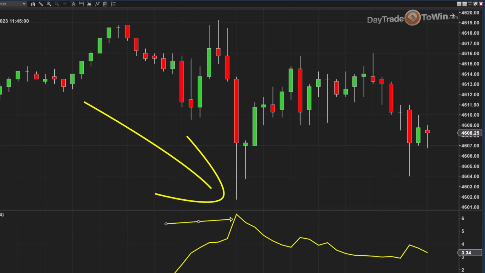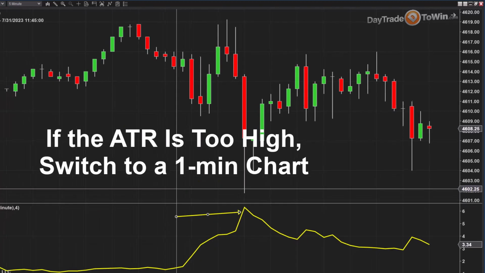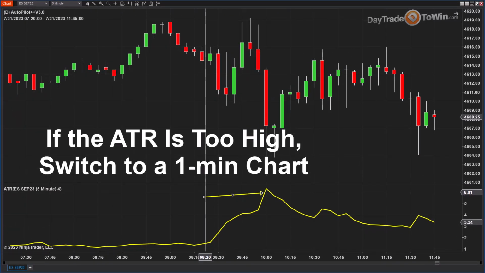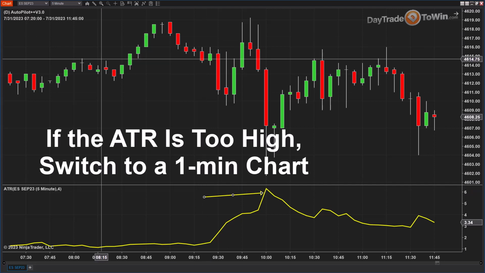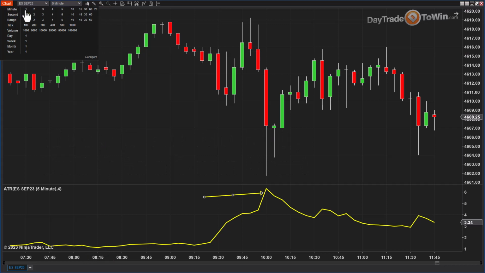It's all relative. Now, on a 5-minute chart, you may say to yourself, I'm not really interested in trading under these conditions. So you adjust and adapt and instead go to a 1-minute chart.